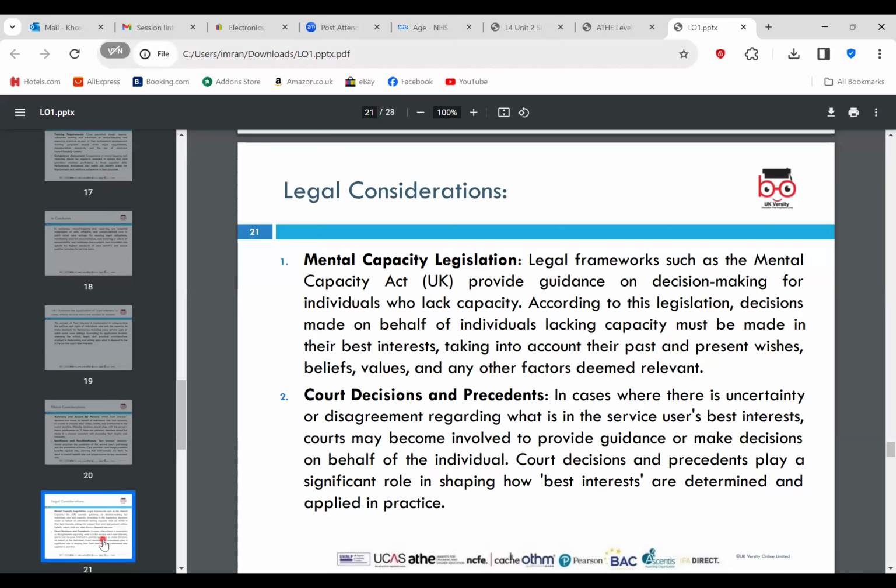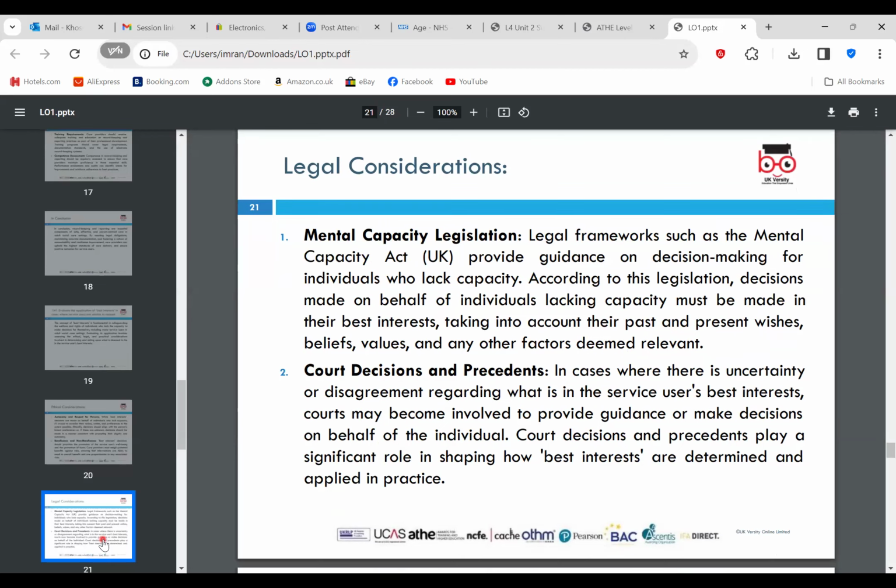They might have some beliefs that do not align with your beliefs, but you have to take care of them. There are certain court decisions that you would have to take into consideration, some precedents that play a significant role in how best interests are determined. So if you don't know what is the best interest for this person, you would want to seek advice from others also.